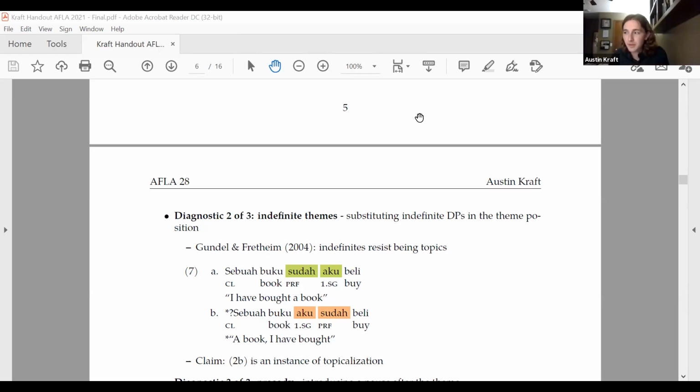Absolutely, yeah, definitely something to continue to keep in mind. In the sessions with the consultants, I spend some time trying to get them familiar with the data and the sort of judgments, especially to help broaden the perspective beyond just asking, is this prescriptively a good sentence?